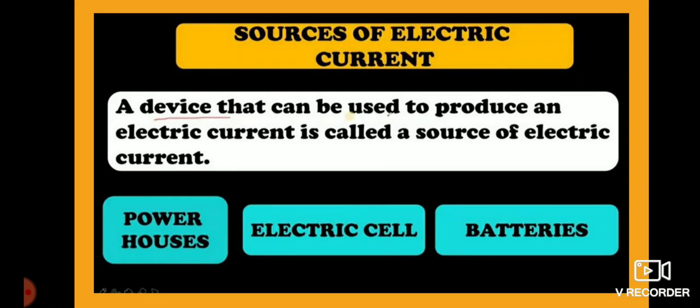Let us see which are the sources of electric current. A device that can be used to produce an electric current is called a source of electric current. Powerhouses we have already seen. They give us electricity. Then electric cell and batteries also give us electricity.